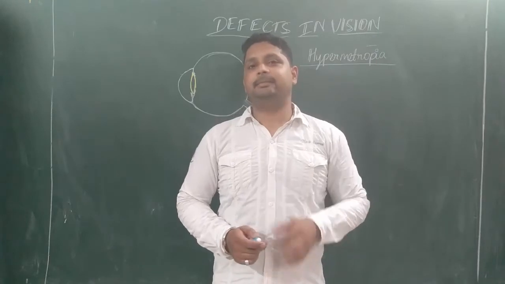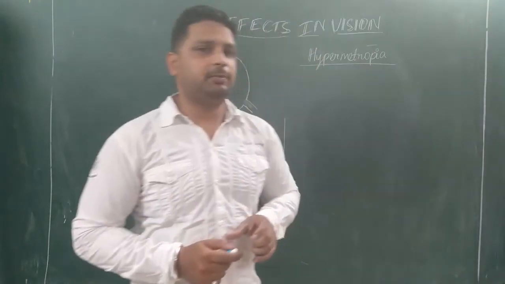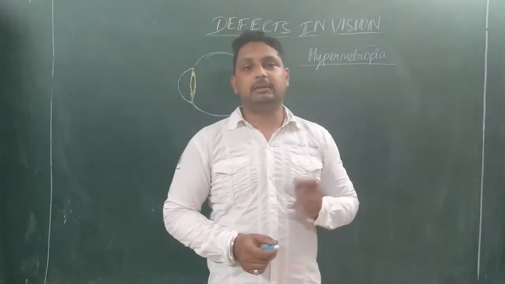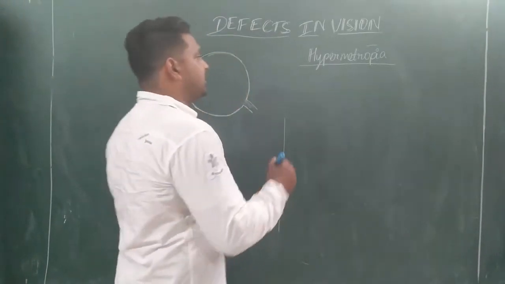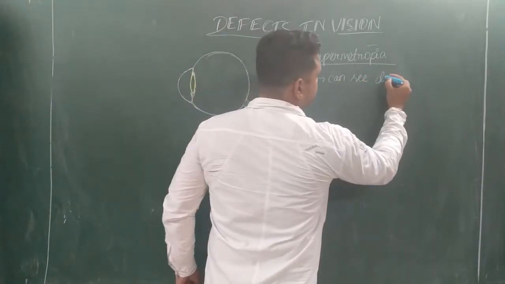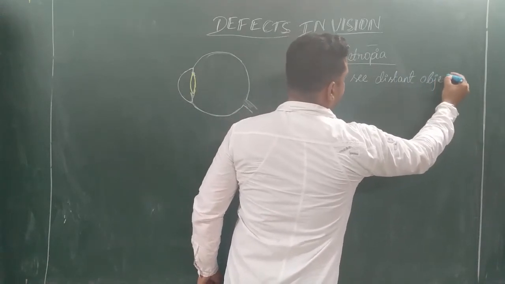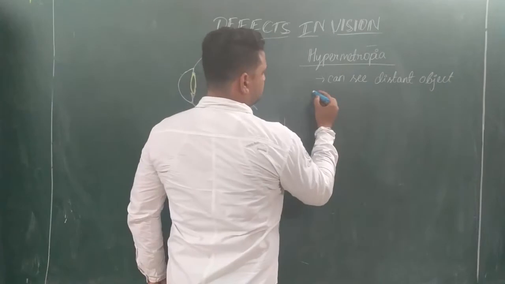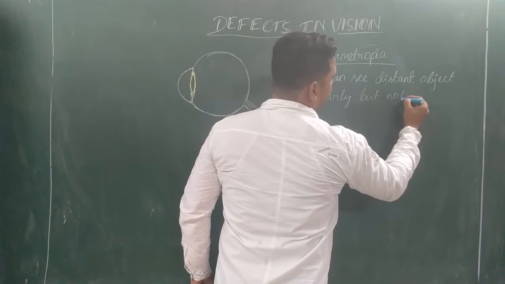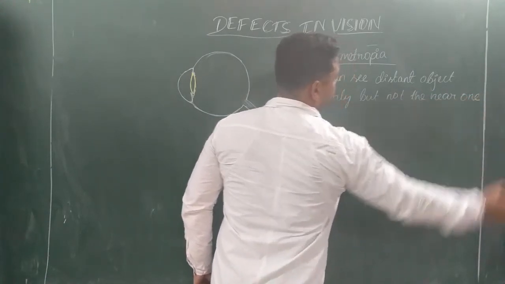Now, moving on to the next major defect of vision, hypermetropia. As you can recall, hypermetropia is also called long-sightedness, because the person suffering from it can see distant objects clearly, but not the near ones.